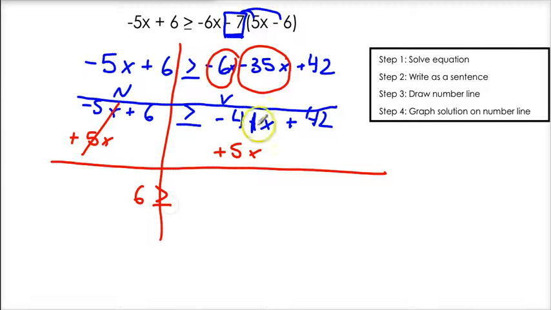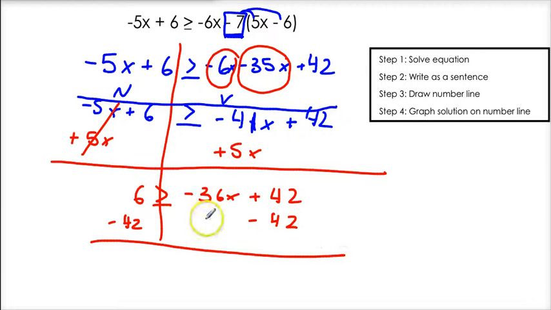It's greater than or equal to -41x plus 5x, which is -36x, plus 42. Well, this is our number side, so let's bring the 42 to our number side now. Just bringing it over the sides, solving like a regular equation. When you do 6 minus 42, you get negative 36. It's greater than or equal to negative 36x.